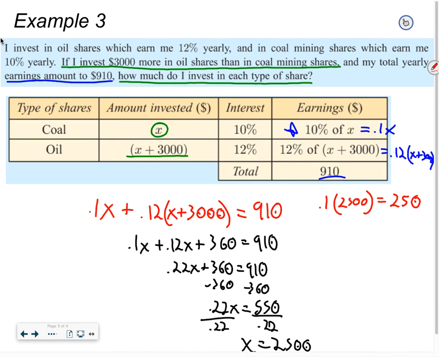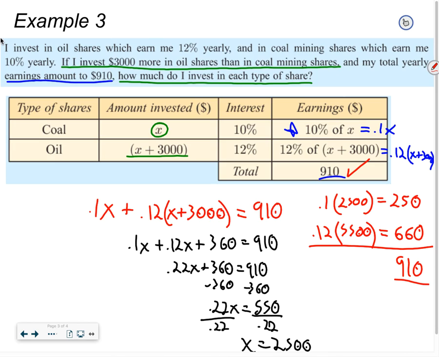Now I'm going to check for my oil, and my oil is 0.12, and I know I invested $3,000 more in that, so that's 5,500. As I do 0.12 times 5,500, I get 660 as my earnings from oil. So if I add those up, I'm going to get 910 total dollars.